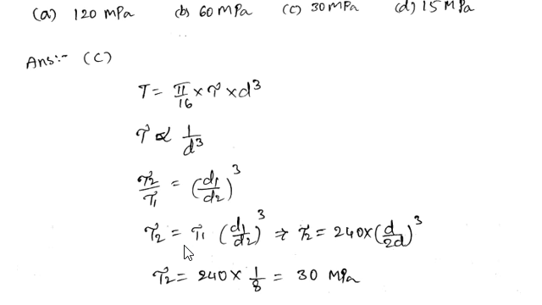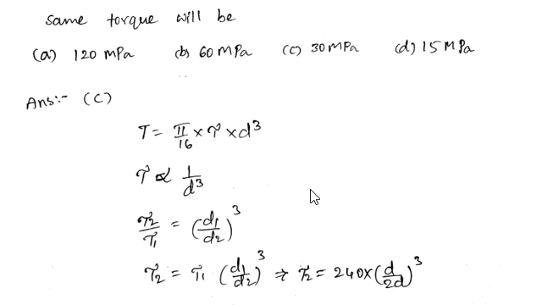So we require the shear stress value in situation 2 when diameter is doubled for the same torque. So tau 2 is tau 1 into d1 by d2 whole cube, and tau 1 is given as 240 megapascals.